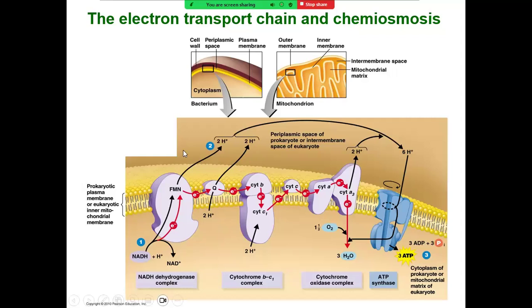Where are the hydrogen ions being pumped in a prokaryote cell? Well, where's the cell membrane? It's right here, right? So what's outside of the cell membrane in a prokaryote? Come on, people. What's outside the cell membrane in a prokaryote cell?